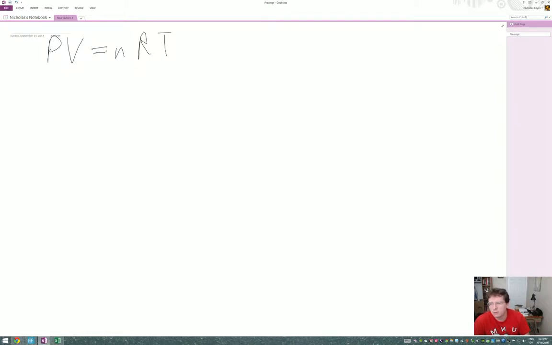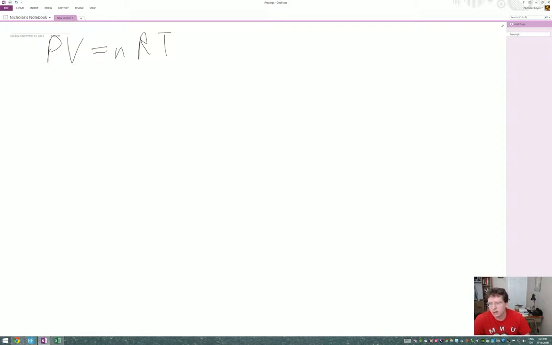Now, this means whenever we see equals, this side is equal to this side. And we always think about that numerically, like 1 equals 1. But it also means that 1 mole equals 1 mole, or 1 atm equals 1 atm. See, so the units have to be equivalent and work out as well.